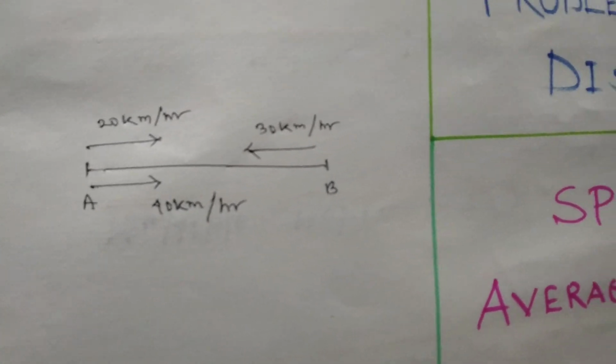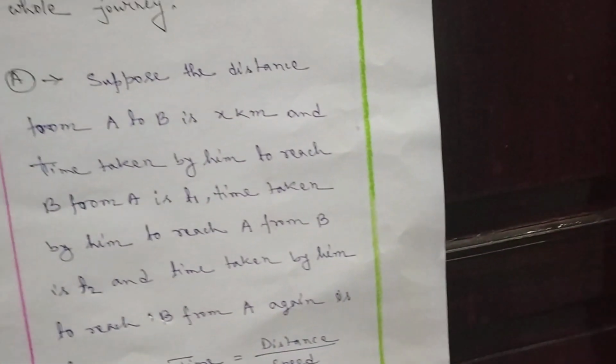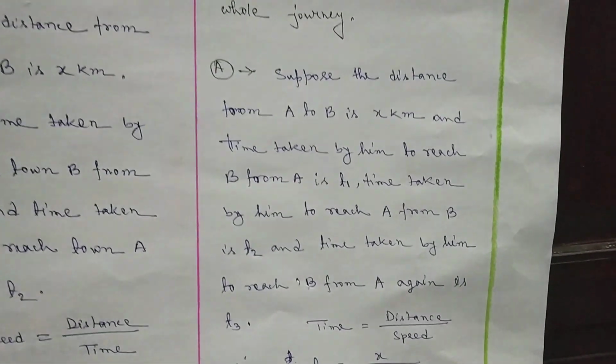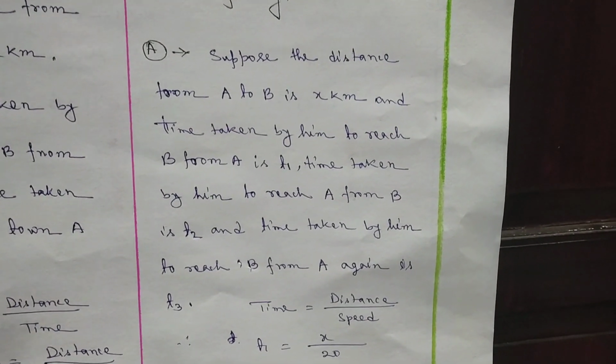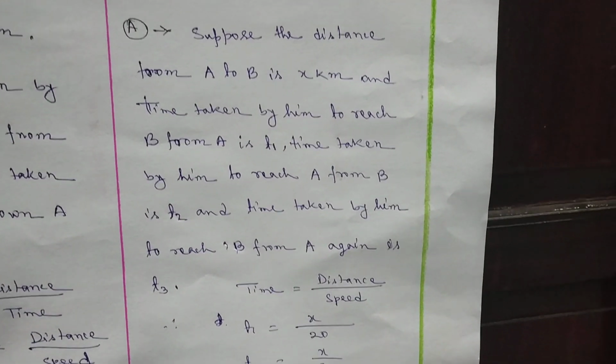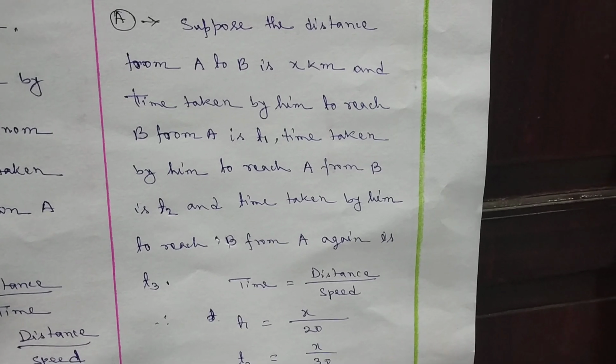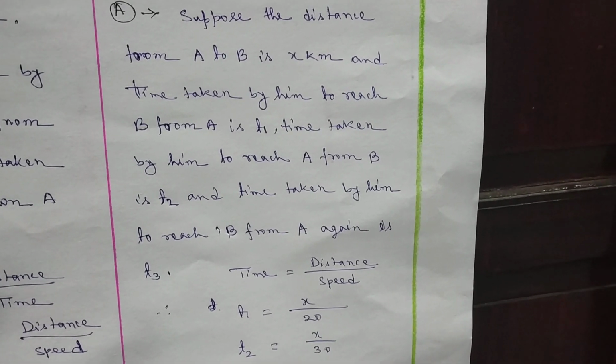Okay, so suppose the distance from A to B is x kilometer and time taken by him to reach B from A is t1.